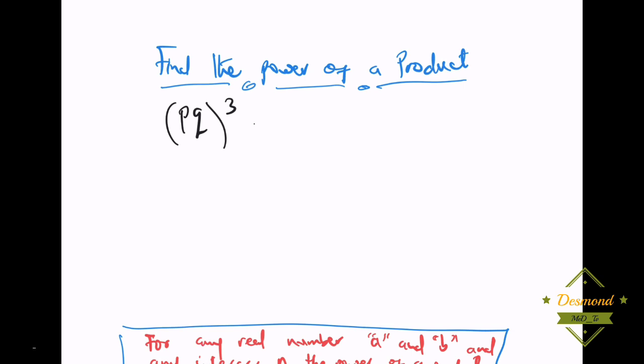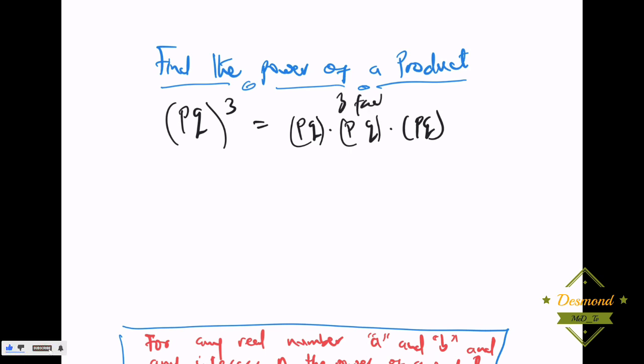With this one, we will have PQ. There's no dot here. So that's PQ here, then we have another PQ, and another PQ. So with this one, we have 3 factors. When we break them down, we should have PQ, PQ, PQ.